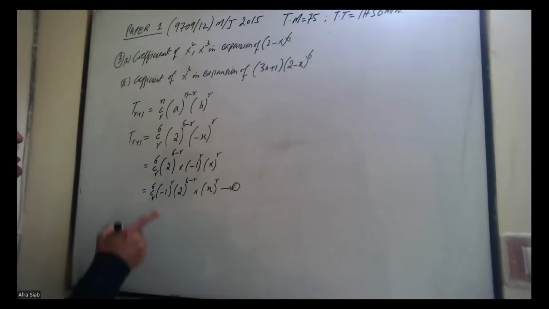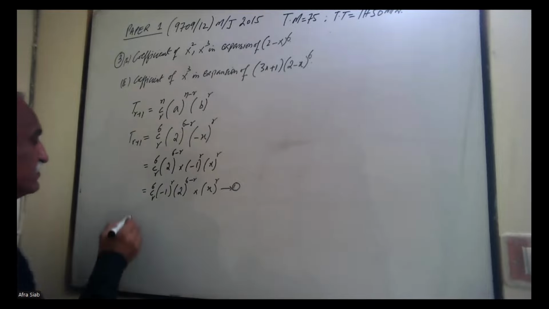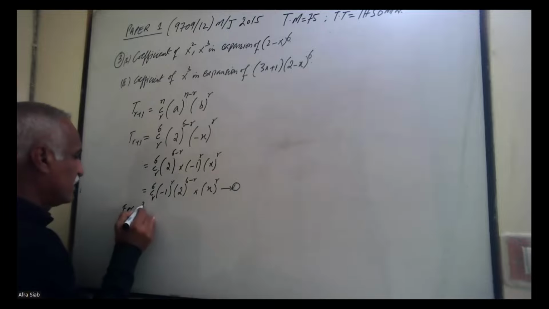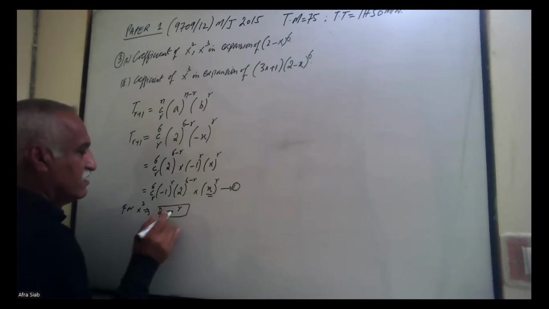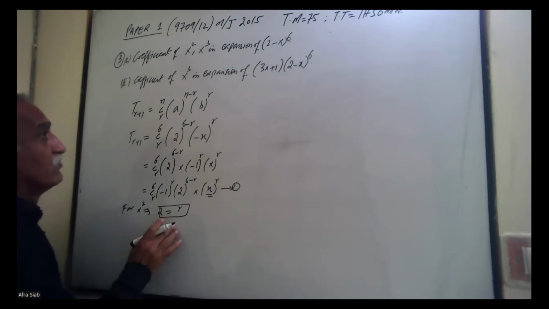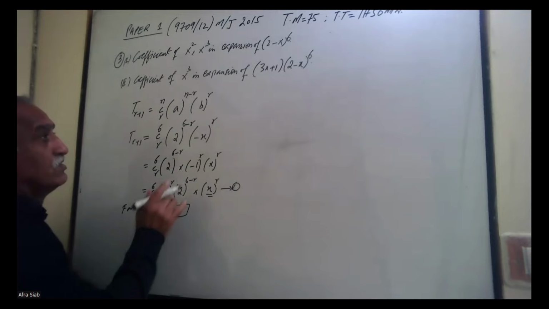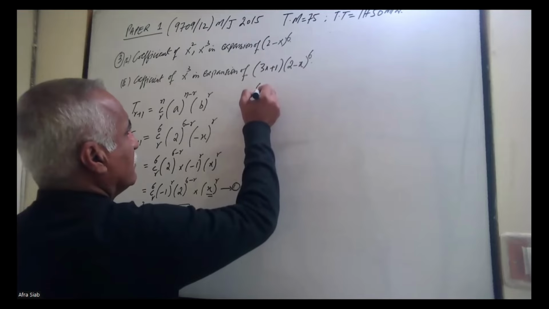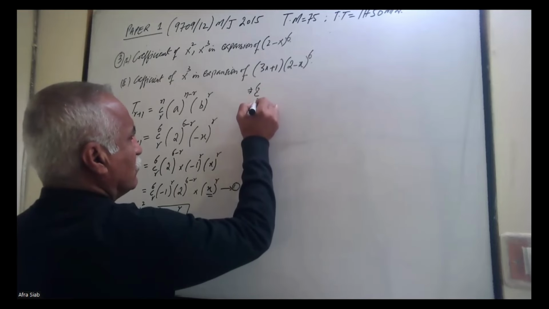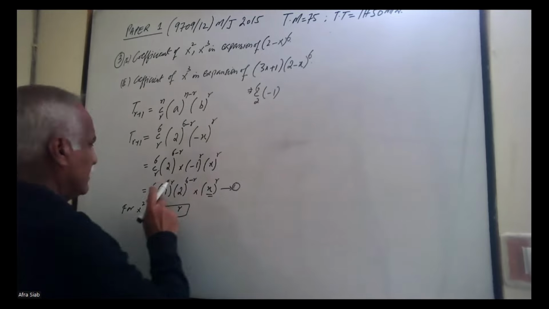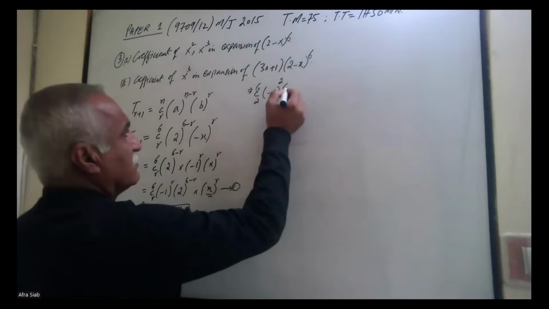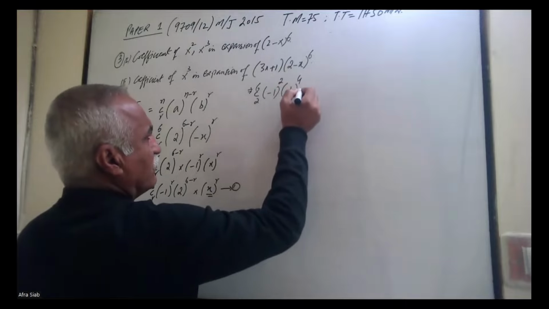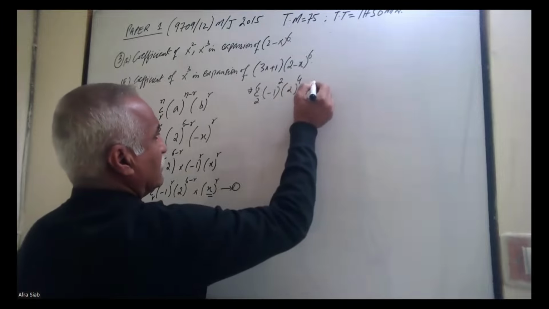Now, since they are asking for the x square coefficient, we can write 2 should be equal to r, because the x power is r here. So r is equal to 2. When we put r equal to 2, then 6C2 into minus 1 power 2 into 2 power 6 minus 2, that is 4, into x square.